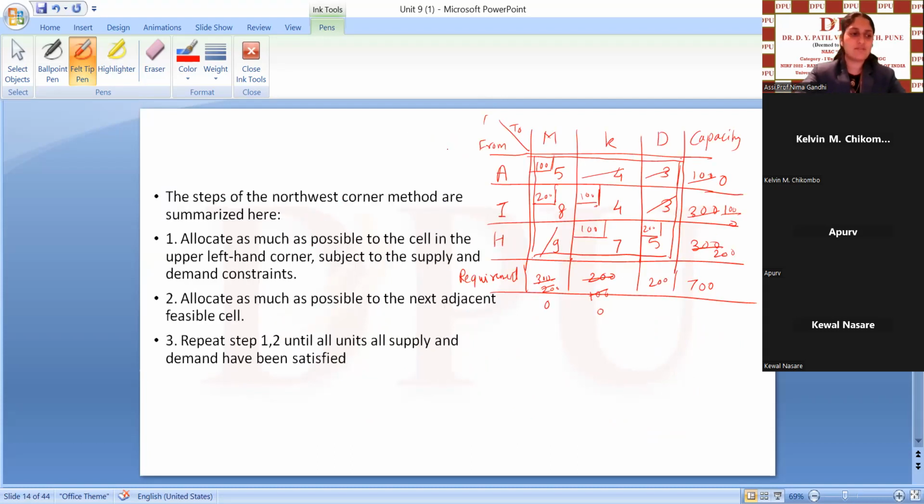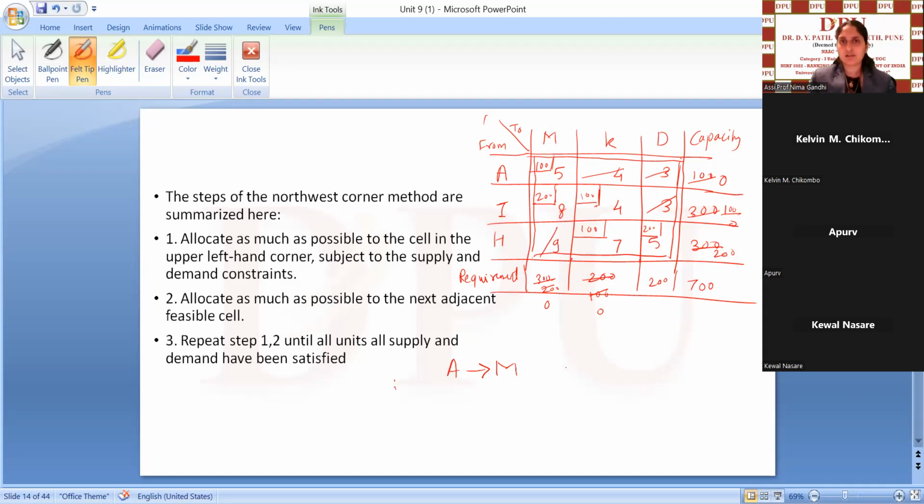Now what we have done is the allocation here, from Ahmedabad to Mumbai. The first allocation is from Ahmedabad to Mumbai, right?